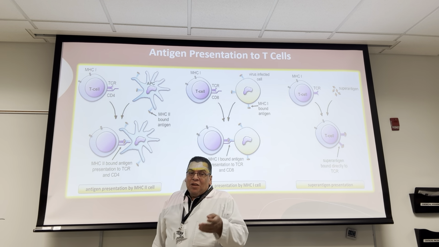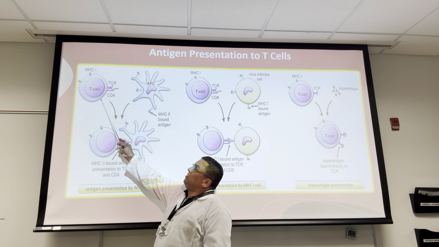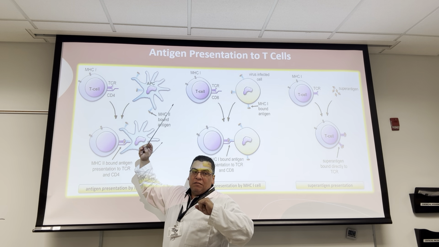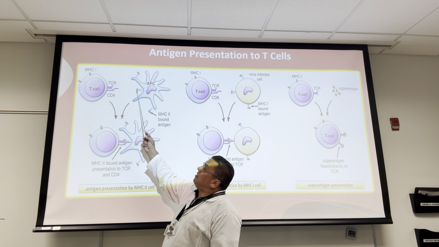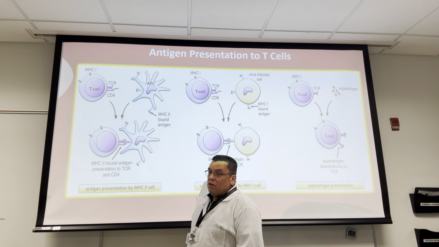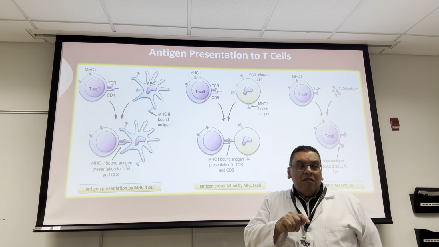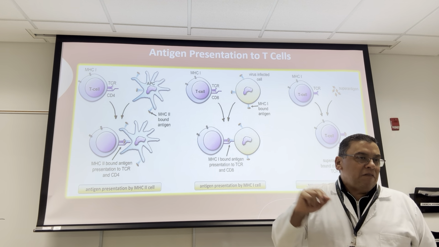Now the idea is this. Why this helper T cell? Well, this helper T cell has a T cell receptor with a shuffle. They also have the shuffles too. That happens to recognize this antigen. Remember, for every B cell that has a shuffle, there's a T cell that has the same shuffle.